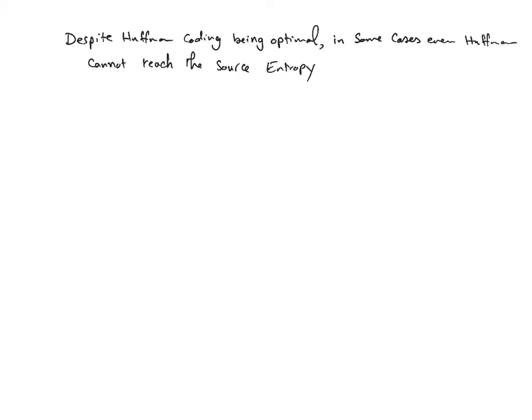So even though you cannot do better than Huffman coding, in some cases, even Huffman coding, which is the best that you can do, cannot reach the source entropy. Okay?